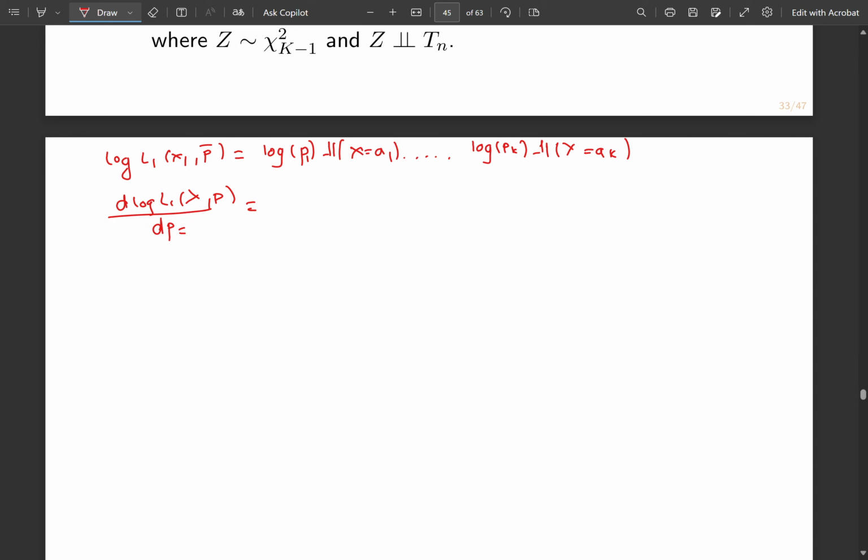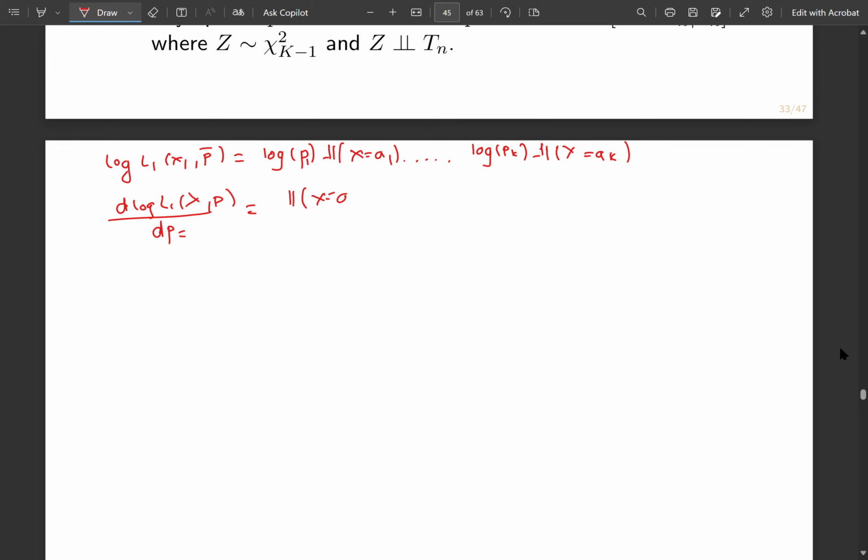Now can you tell me what would be the answer for this? It's going to be an indicator such that x is equal to a1, with respect to pj. That's what it's going to be.